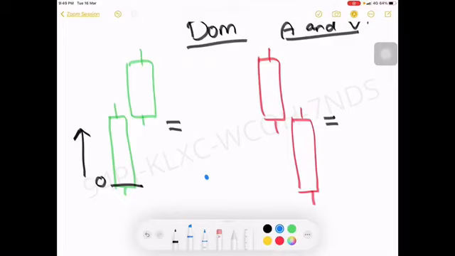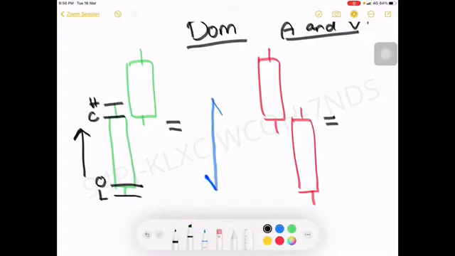So, if it wants to go up, it must go down first. So it will go down first, like this, and then to the high and then closing.